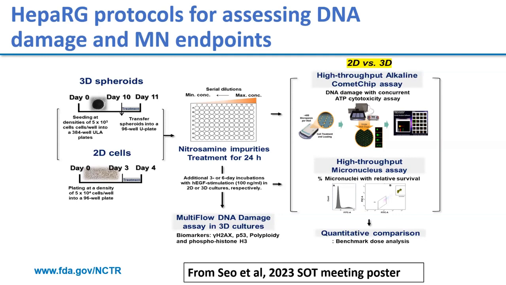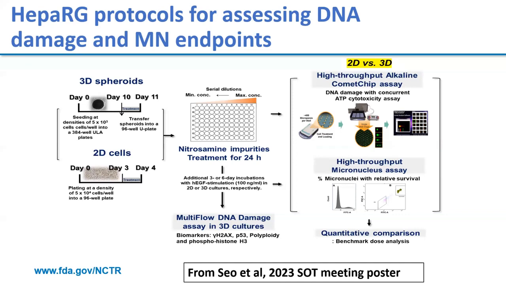Treated cells are used for the comet chip assay, as well as given EGF growth stimulus, at which point they start synthesizing DNA and dividing. And then the assays for the micronucleus and further DNA damage endpoints are conducted. And as you might guess, mutation analysis would be done after growth stimulation.